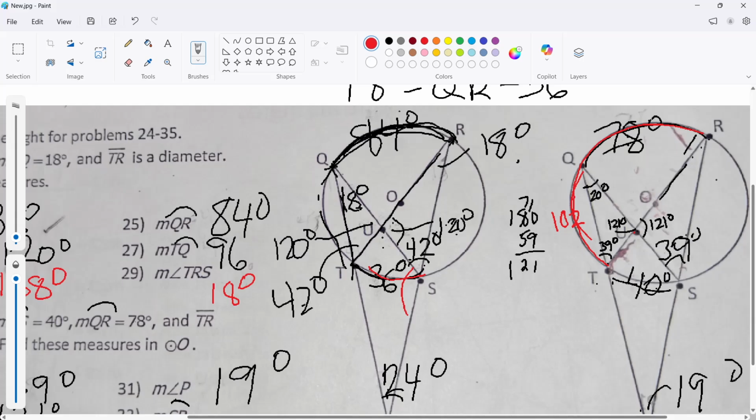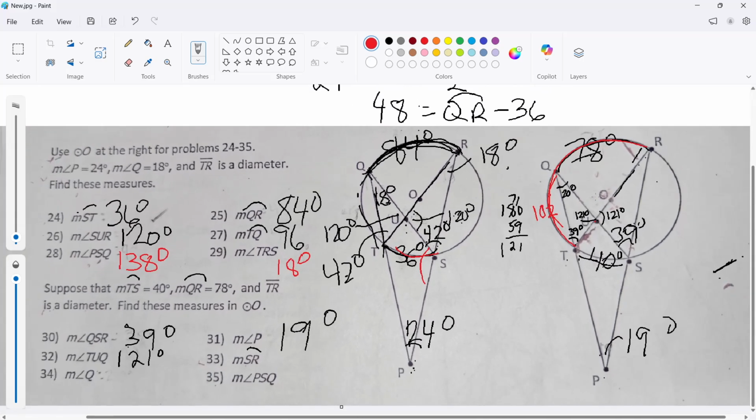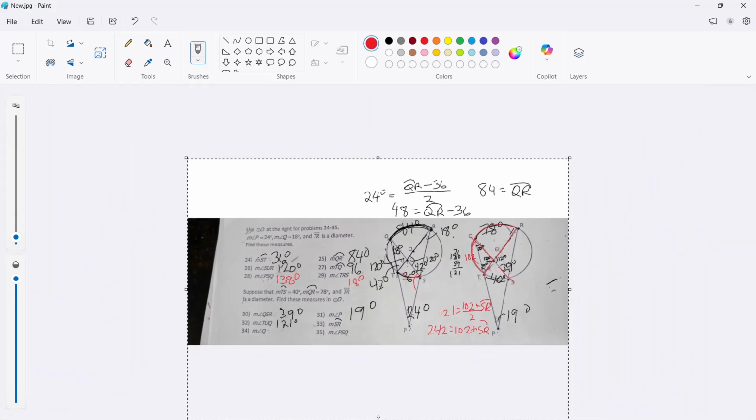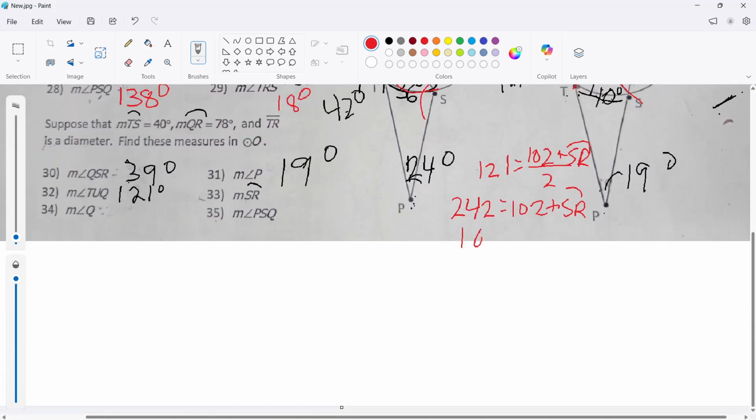I'm looking for arc SR. So 121 degrees equals one half of 102, because that's one arc it cuts out, plus the other arc it cuts out, arc SR. So 2 times 121 is 242, which equals 102 plus arc SR. Subtracting 102 from both sides, 140 equals arc SR, 140 degrees.